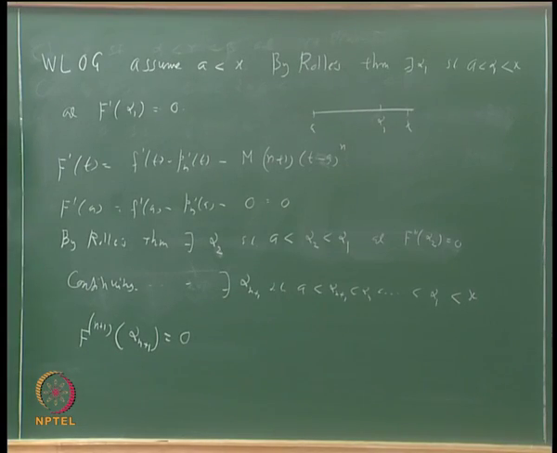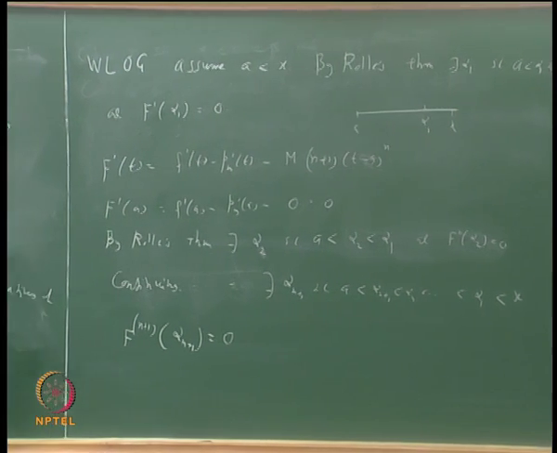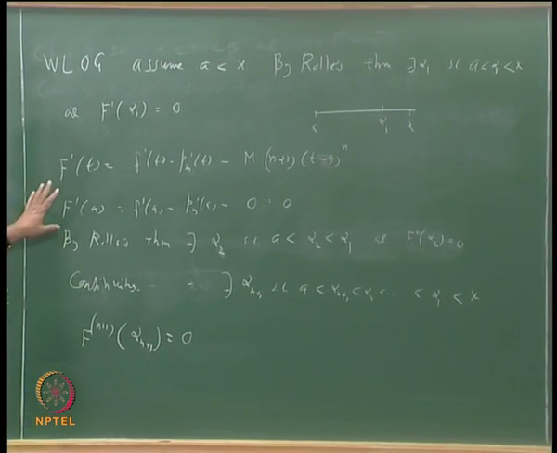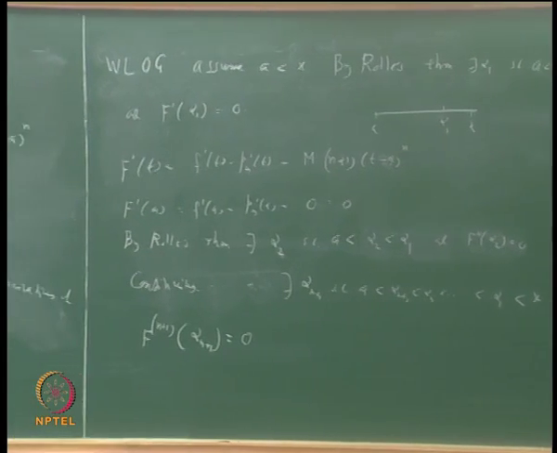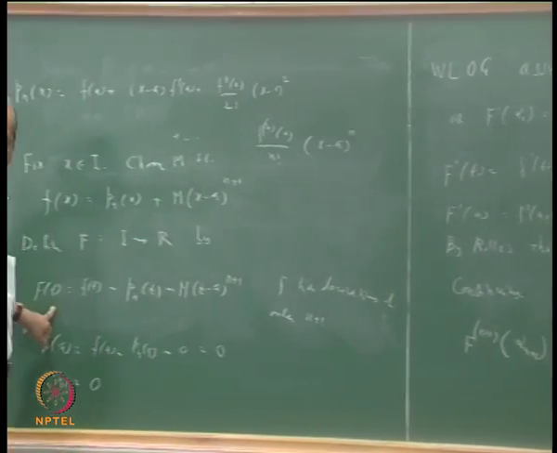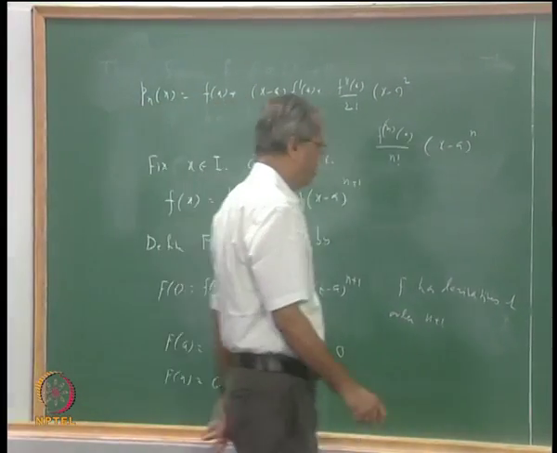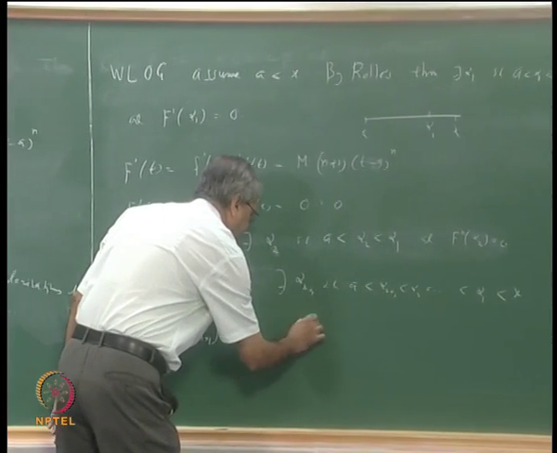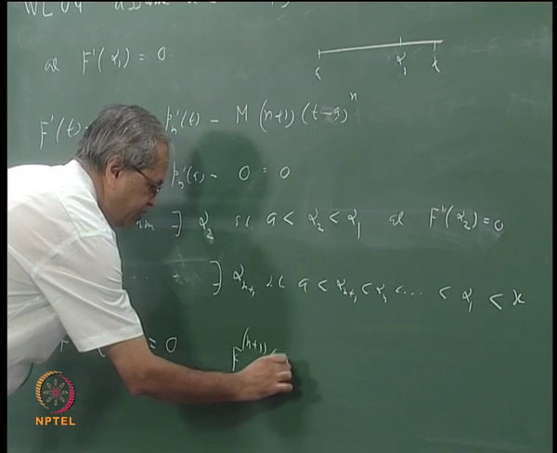All right, but we should have some idea of what this n plus 1 derivative is. We have differentiated once, twice here; suppose we differentiate this n plus 1 times. So what is the n plus 1 derivative of big F at t?